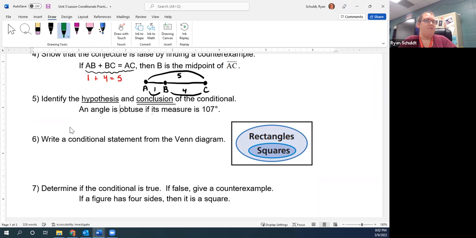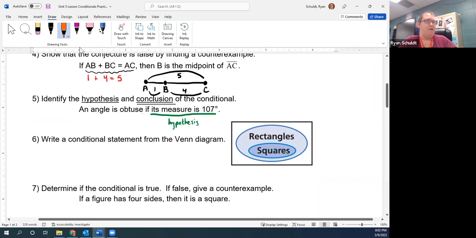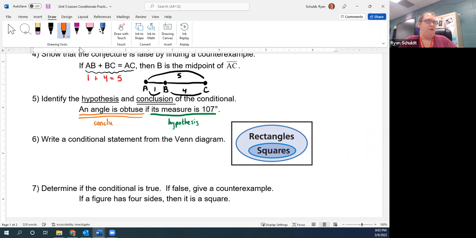So whatever comes after if, that's going to be our hypothesis. The other part is our conclusion. An angle is obtuse. Notice I do not underline the word if.